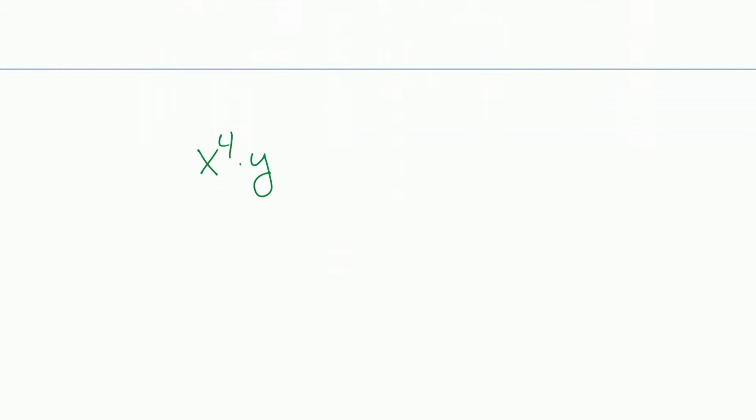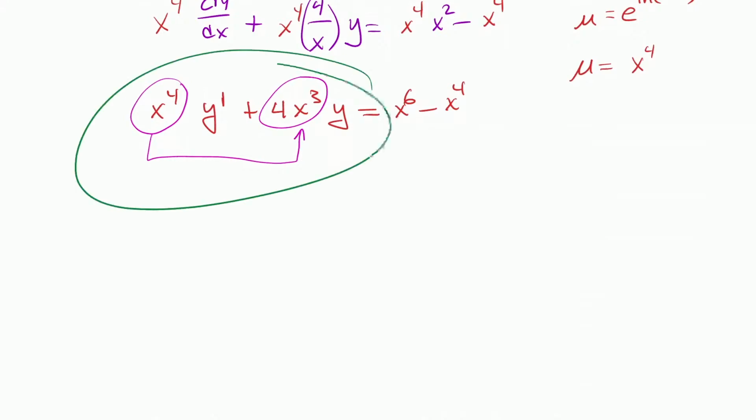We're going to use the product rule. The derivative of x to the fourth times y with respect to x is going to be 4x cubed y, derivative of the first thing times, don't mess with the second thing, plus the first thing times the derivative of the second thing. And that is exactly this. Isn't that amazing? I find it amazing every time.